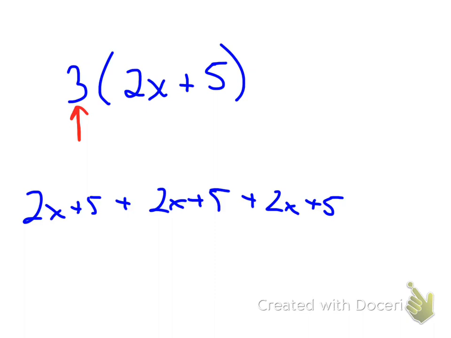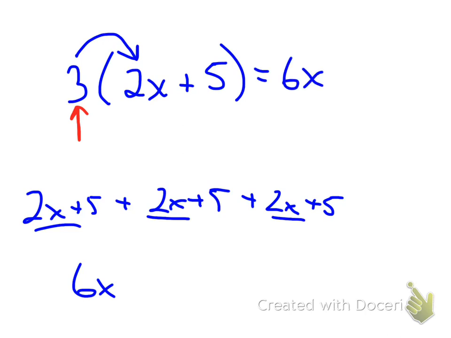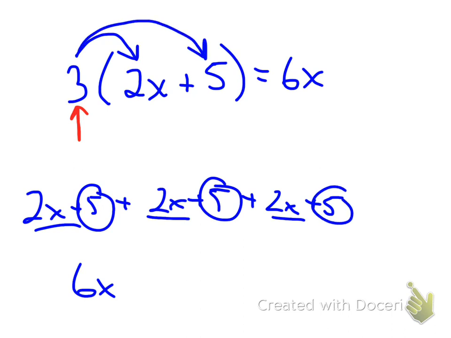So instead of writing it out like this and saying I have 2x plus 2x plus 2x for 6x, I'm just multiplying the 3 times the 2x. That's my 6x. And the 5 and the 5 and the 5, well, that's 3 times 5 for positive 15.